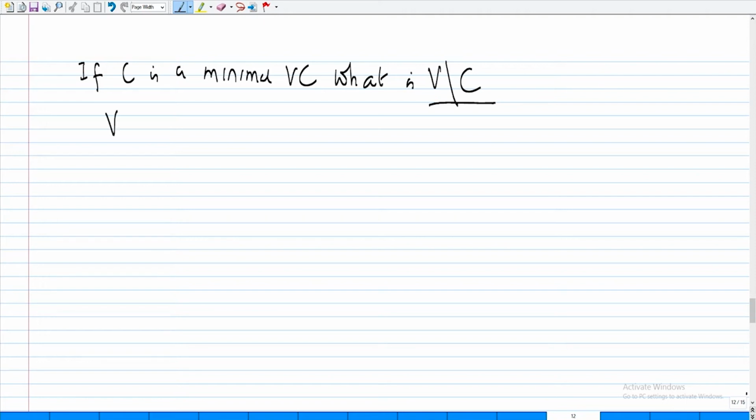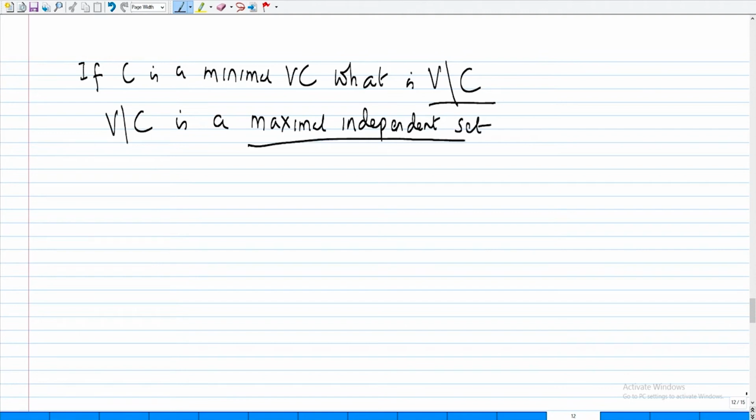Therefore, V minus C is a maximal independent set. Why is it maximal? An independent set means no edges inside it, so that's just jargon. But why maximal?